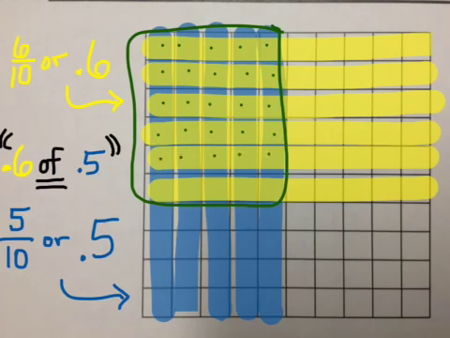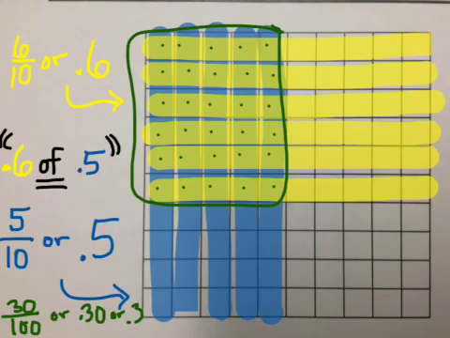They're not tenths. That would be a whole row. These are hundredths. So we have 30 hundredths. Or, simplified, 3/10. Because we could rearrange all of these squares into 3 nice long rows.